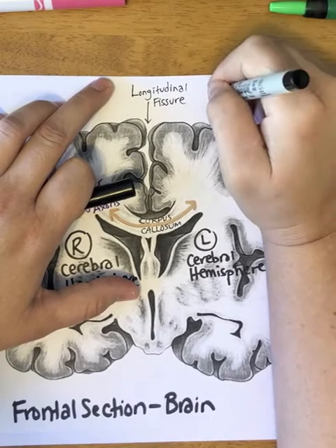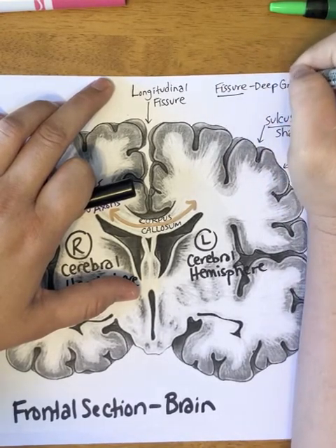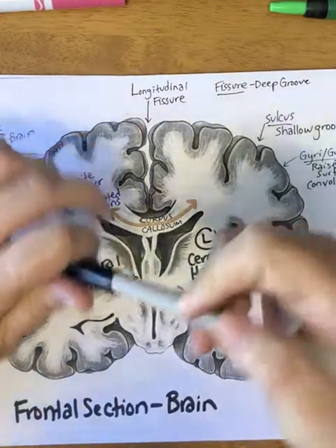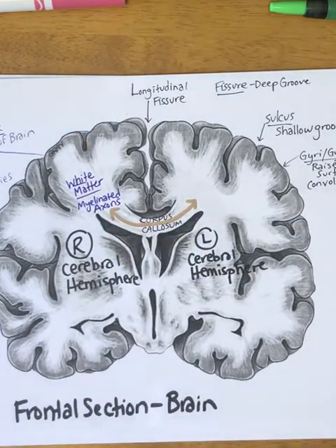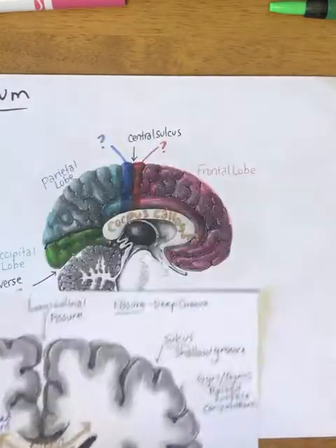You can see that this is a deep groove between the two cerebral hemispheres. Those are the pictures that really are going to go with our notes. Pictures are fair game for the test.